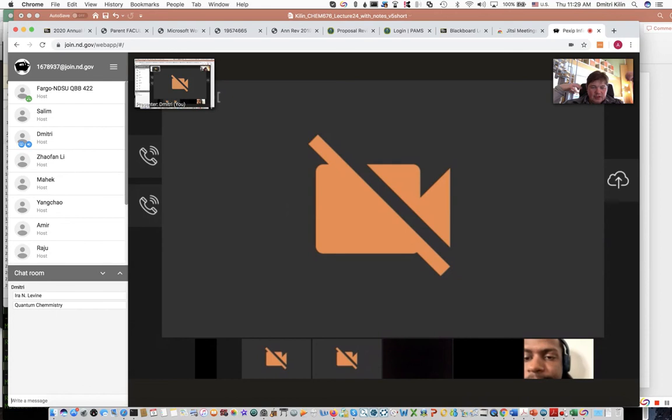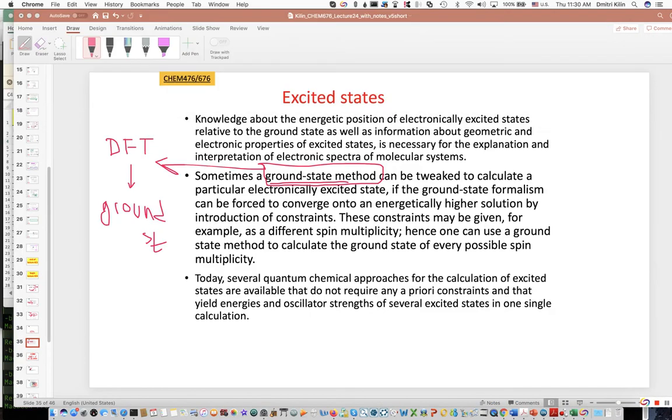So in the original DFT protocol, we use only occupied orbitals, and we occupy orbitals according to the Aufbau principle. So we set electrons to orbitals to describe the ground state. Therefore, density functional theory is referred to as ground state theory.